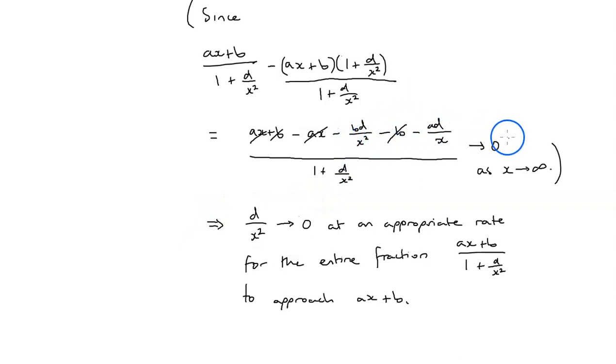And clearly that tends towards 0 as x tends to infinity, because simplifying it, we can write it as negative (bd/x² + ad/x) divided by (1 + d/x²).